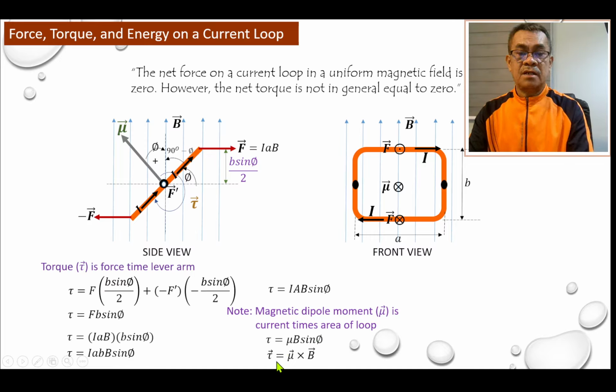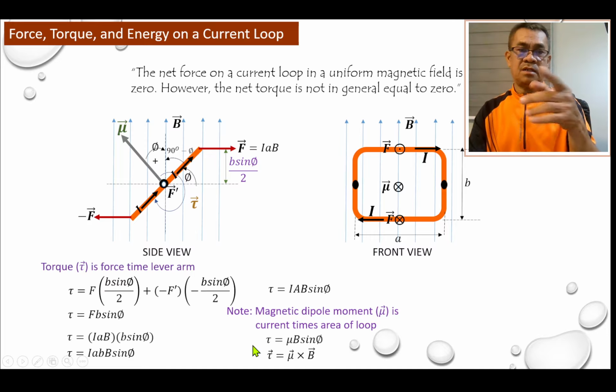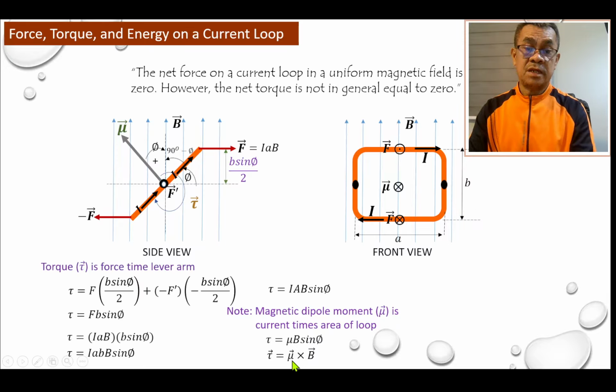Okay, so therefore, to calculate the torque, it is just equal to mu cross B. Mu, which is the dipole moment, cross product with the magnetic field. Okay, so if you want to calculate the amount of torque in a current loop in the presence of the external magnetic field, then this is the formula. So the factors why the loop rotates are the dipole moment and the presence of the magnetic field.